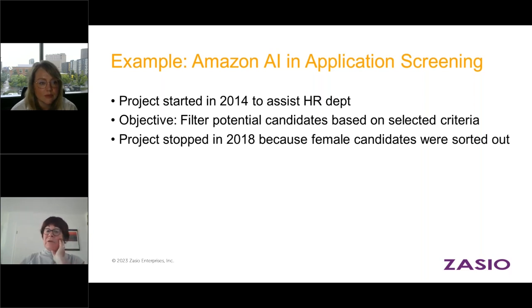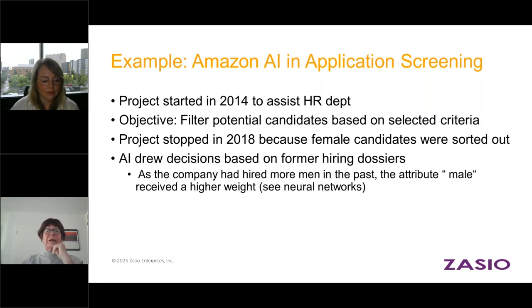The project stopped in 2018 because female candidates were definitely not considered to the level that they applied, because the algorithm drew decisions based on the former hiring dossiers, and at that point in time, for some of the jobs, very clearly in the past, it was typically a male job incumbent and not yet a female, especially for the higher paid, higher ranking jobs.